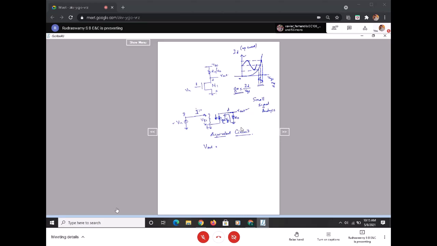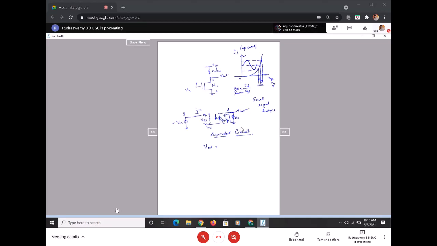So this current source is given by gm VGS, then there is RD, and current flows from drain to source, and the gate to source current IG will be 0 because of the high input impedance.